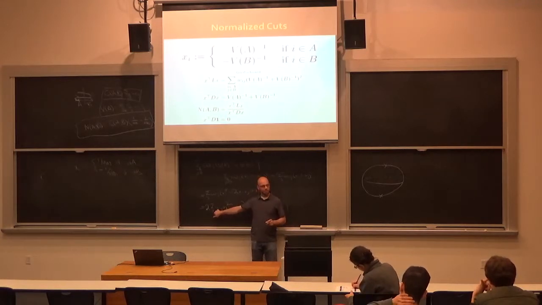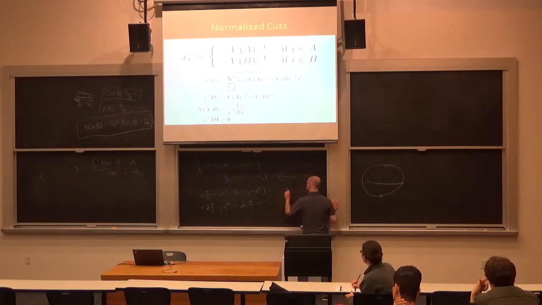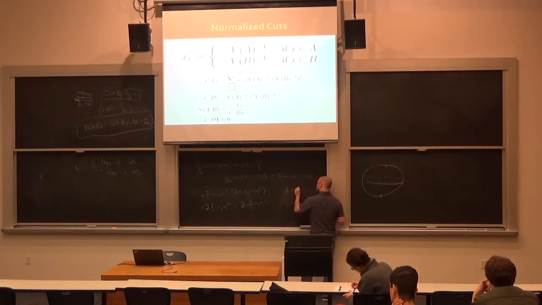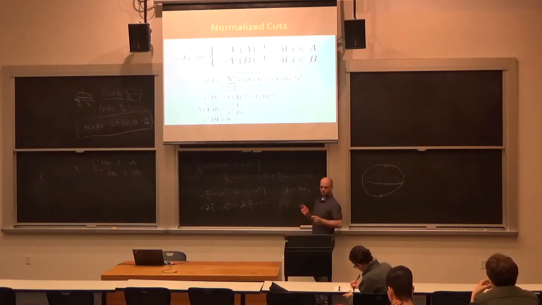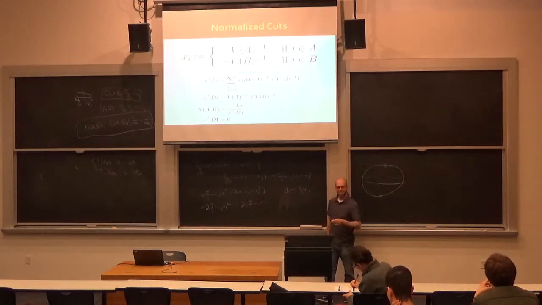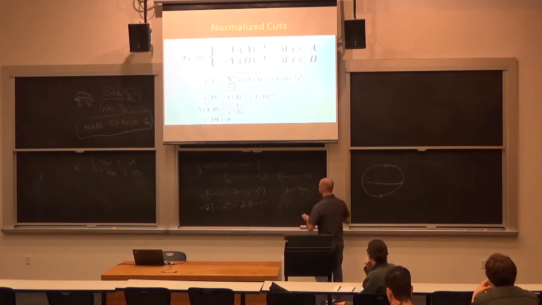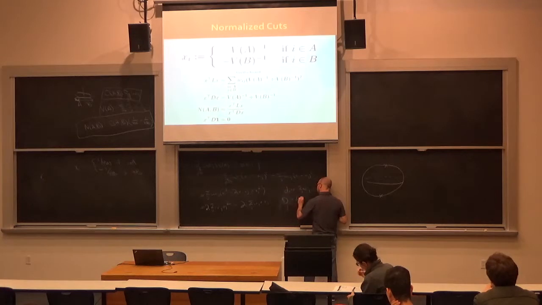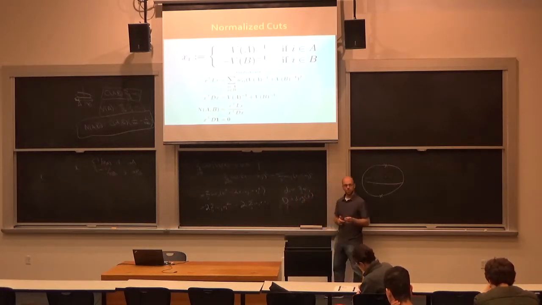Let's give that a name, let's call it di. Looks awfully close to the volume. Yeah? And we're going to say that D is equal to a diagonal matrix where the elements are these di's.